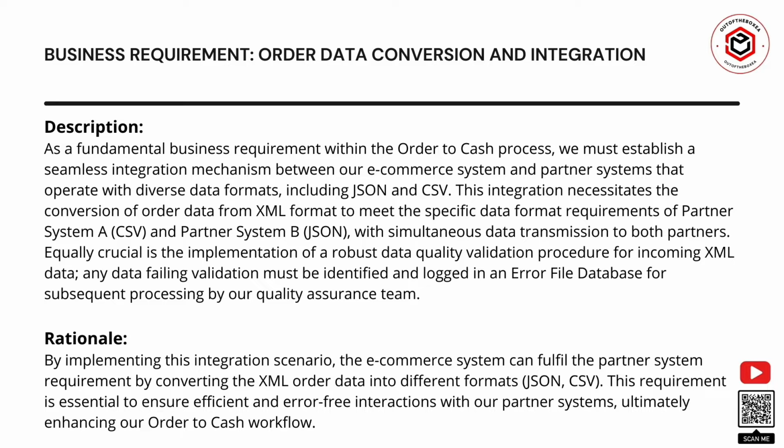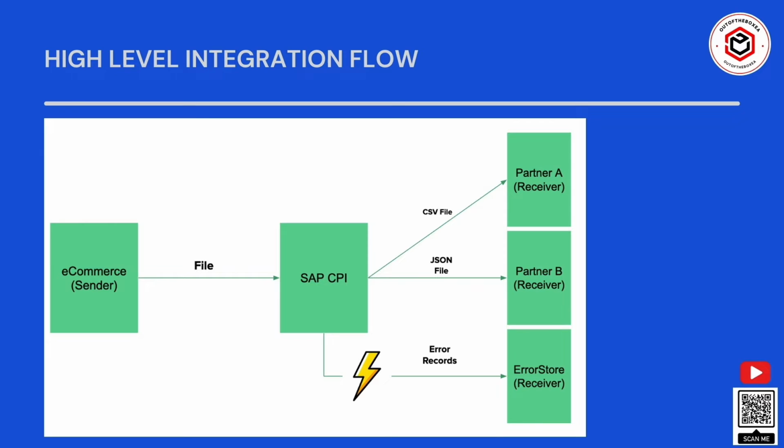Let's now try to draw a high-level integration flow for the given business requirement. We have an e-commerce system, which is the sender system here, and we have partner systems like partner system A and partner system B. The e-commerce system is sending order details in XML format to SAP CPI.